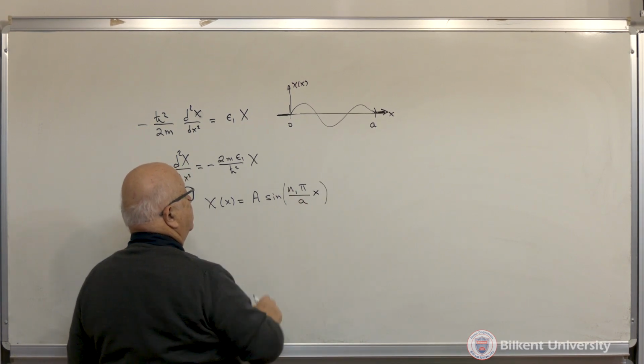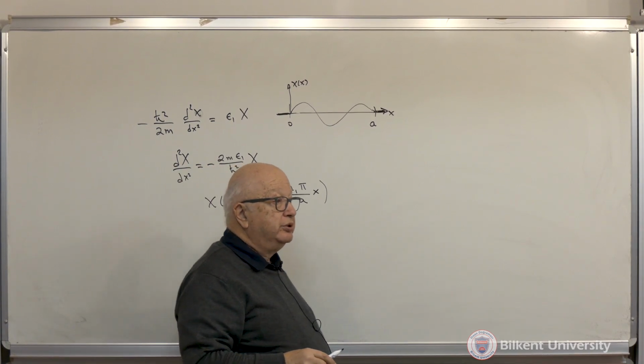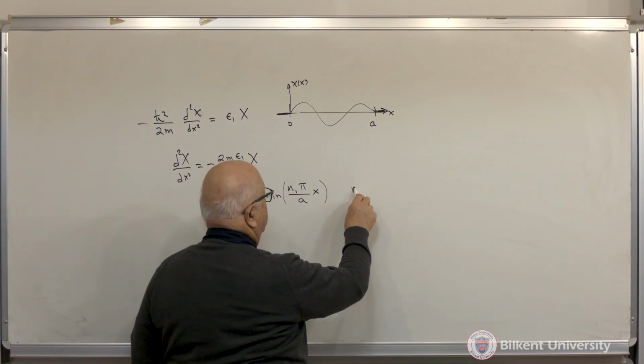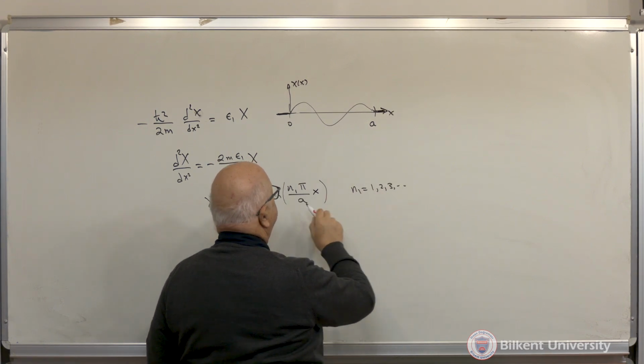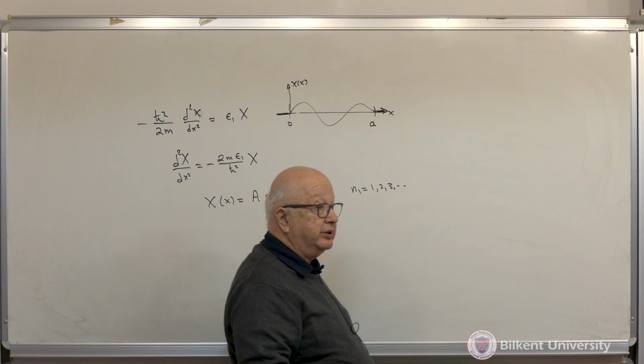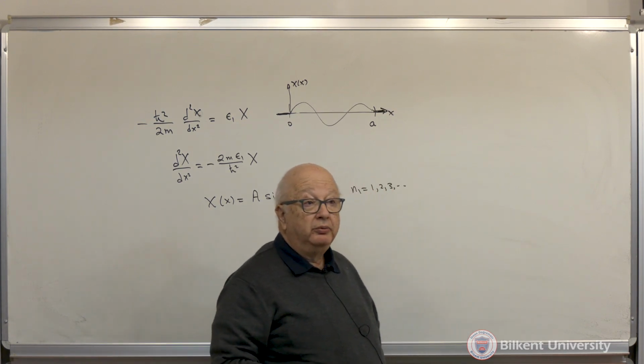So I am going to get sinusoidals which look like this, and n1 must be equal to 1, 2, 3, etc. It cannot be 0 because then the whole thing will be 0.